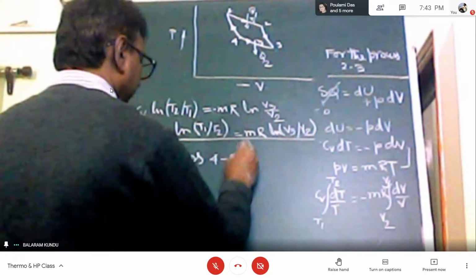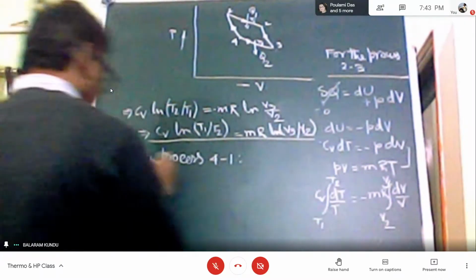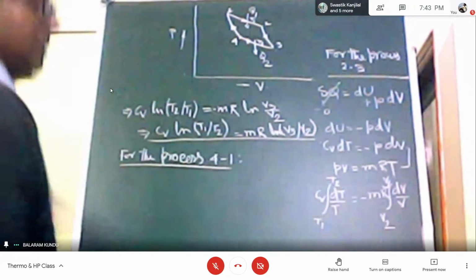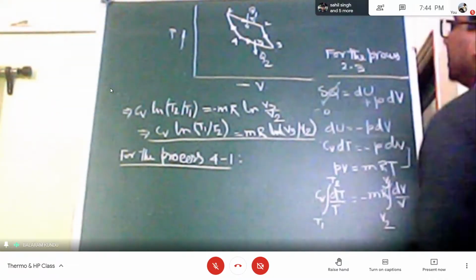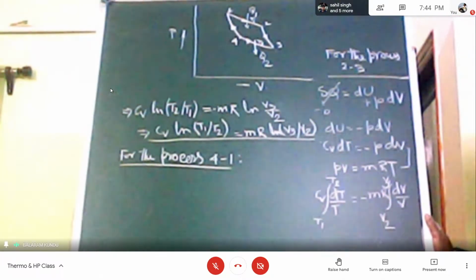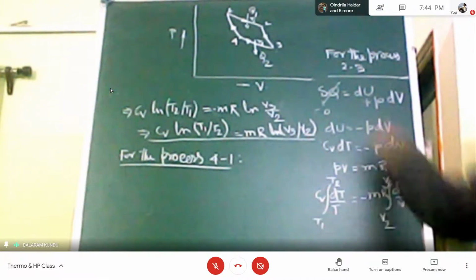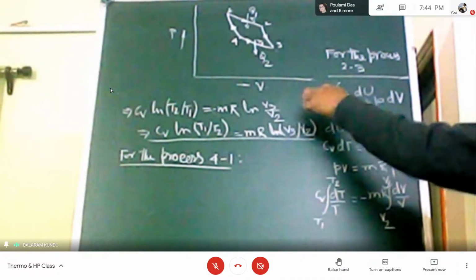That is your adiabatic compression process, and obviously a reversible process. Adiabatic compression reversibly, so during the process the heat transfer is zero.